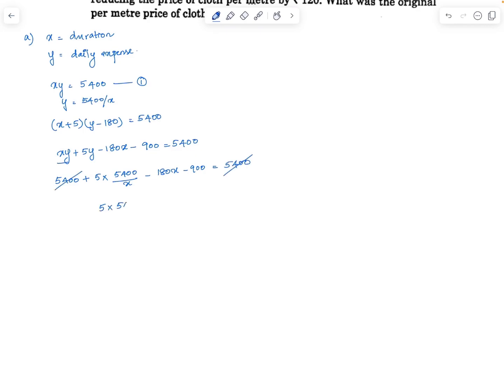That is, 5 times 5,400 upon x minus 180x minus 900 is equal to 0. Dividing this equation by 180, we get 150 upon x minus x minus 5 is equal to 0.